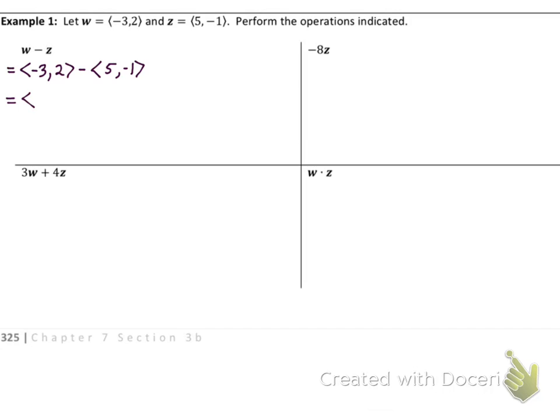Well, a vector minus a vector is going to end with a vector. So we're going to have negative 3 minus 5, and 2 minus a negative 1. So that's actually going to be turned into a positive. So be careful. All right, so that's just going to give me negative 8, 3.